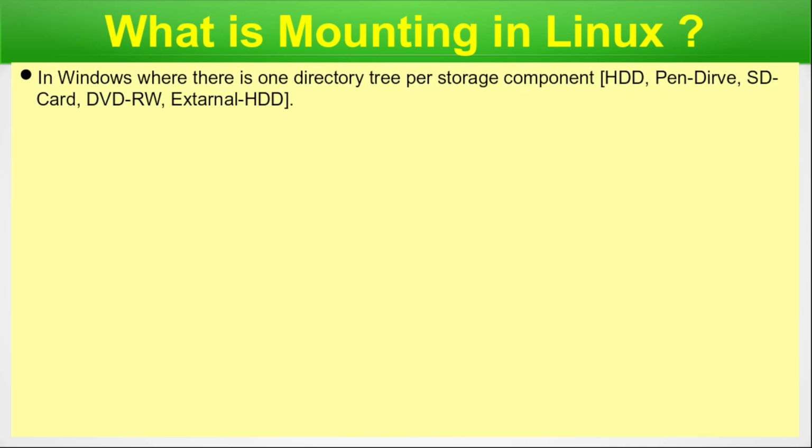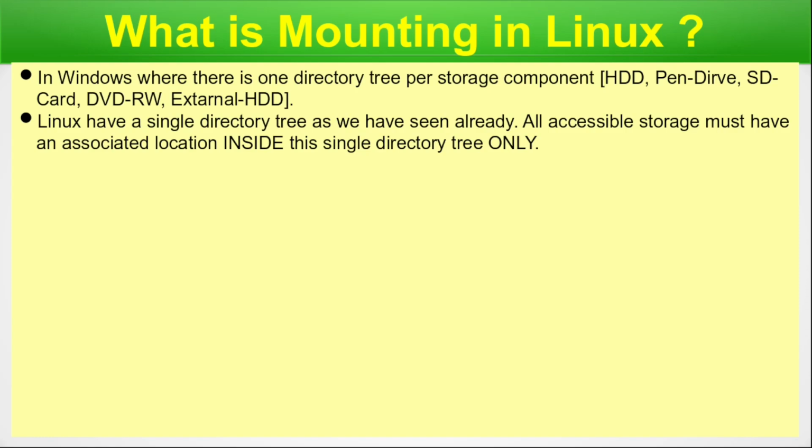In Windows, there is one directory tree per storage component, whether that is a hard drive, pen drive, SD card, DVD RW or external hard drive. Linux has a single directory tree, as we have seen already. All accessible storage must have an associated location inside this single directory tree.